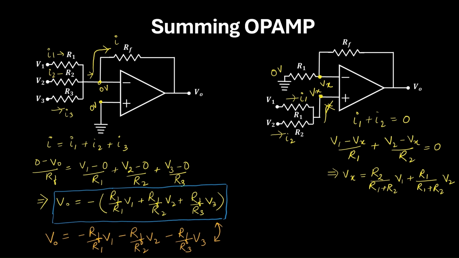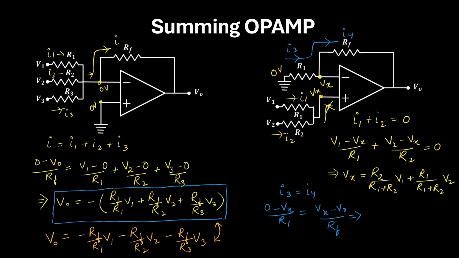Now after finding out the expression of Vx, you come to the other branch. Here, whatever the current flowing here, the same current will be flowing through RF. So if I call this as I3 and this one as I4, then we can write I3 is equal to I4. Then what is I3? I3 is (0 minus Vx) by R1 equals (Vx minus V0) by RF.